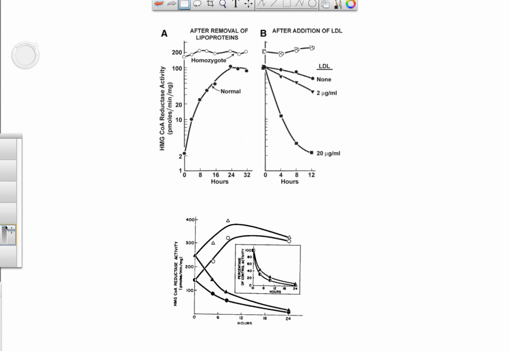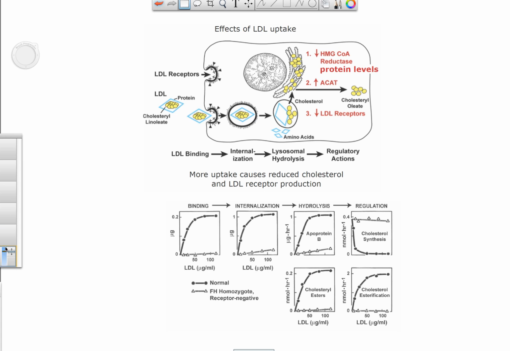The next set of experiments that they carried out measured how much LDL bound to the surface of liver cells, how much LDL was internalized by the liver cells, how much LDL was broken down by the liver cells into the component parts, into the amino acids, into the cholesterol, into the receptors, which are then sent back out onto the surface of the cell.